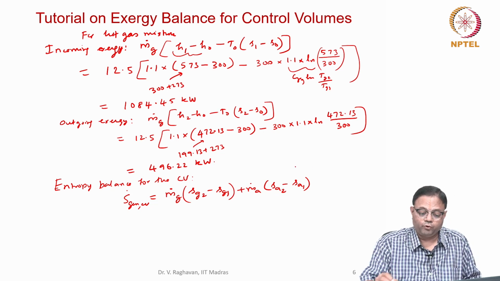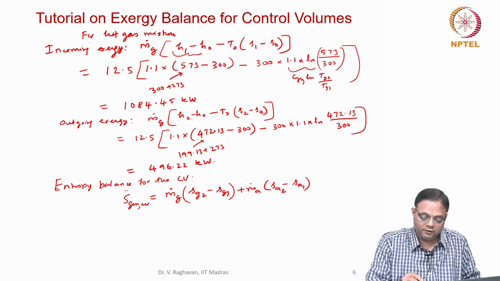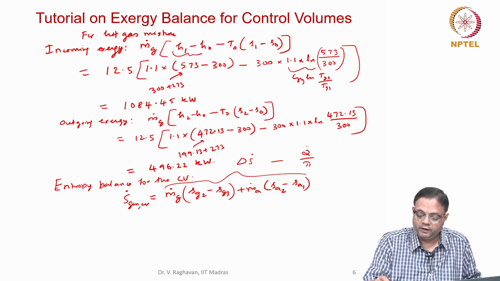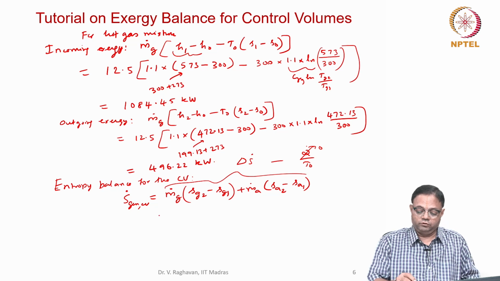There is no Q, so the term minus Q dot by T naught will be 0. So this will be this.